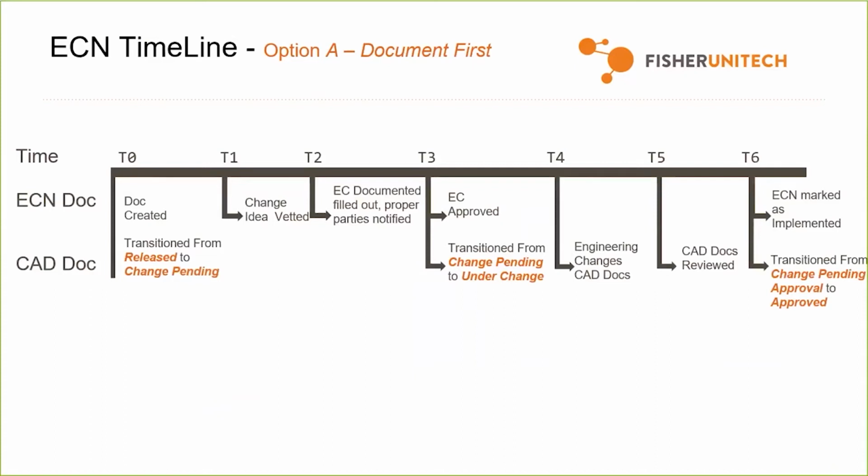We have two separate documents in our vault that need to work together: a CAD document flowing through a CAD workflow and a separate document, an EC document, flowing through an EC workflow. They need to work together at certain times. So this is an option for an EC doc.